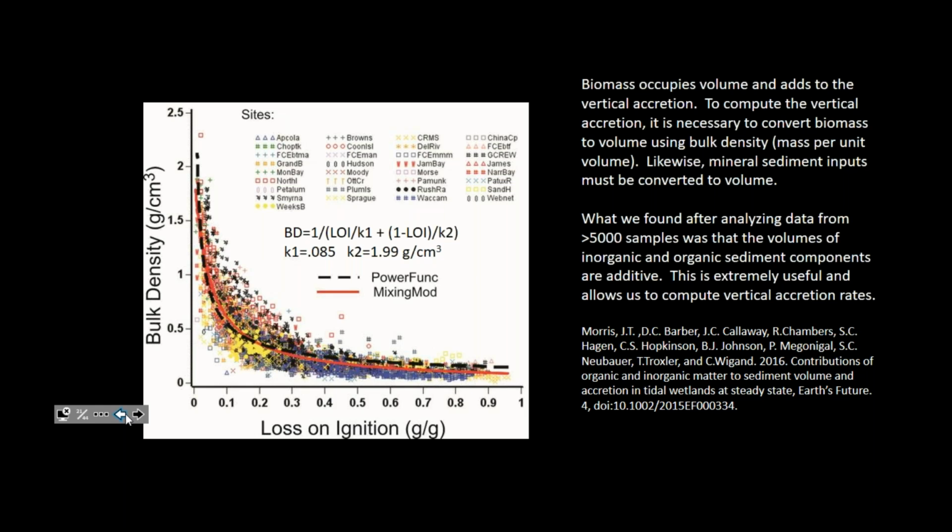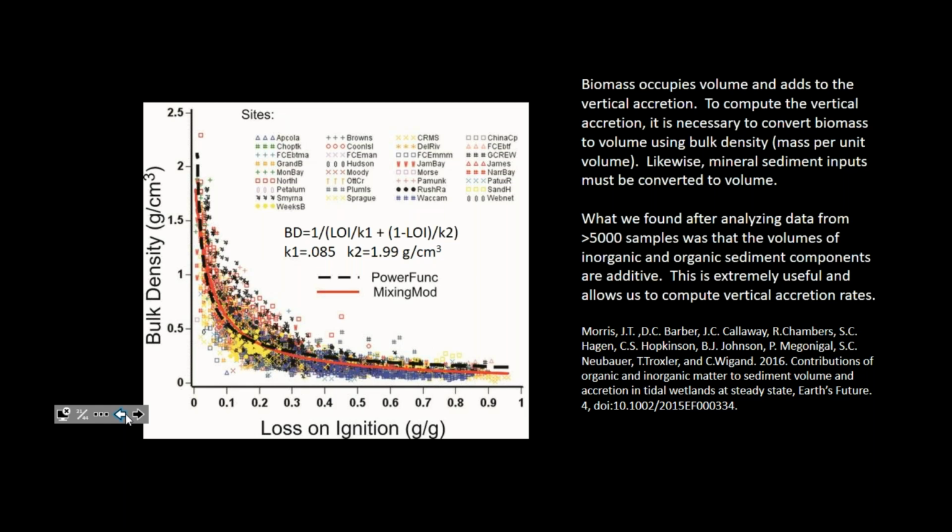And the K's come from a fit to the mixing model, to this data set. And what it tells you is that the packing density is like the bulk density for these different particle fractions. And the difference, it tells you that gram for gram, organic matter occupies an order of magnitude more volume than mineral matter.